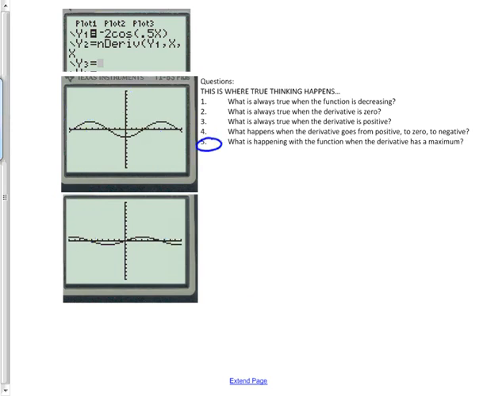Last case, when my derivative has a maximum, what is happening with the function? It could be a maximum or a minimum, but right now let's just look at a maximum.